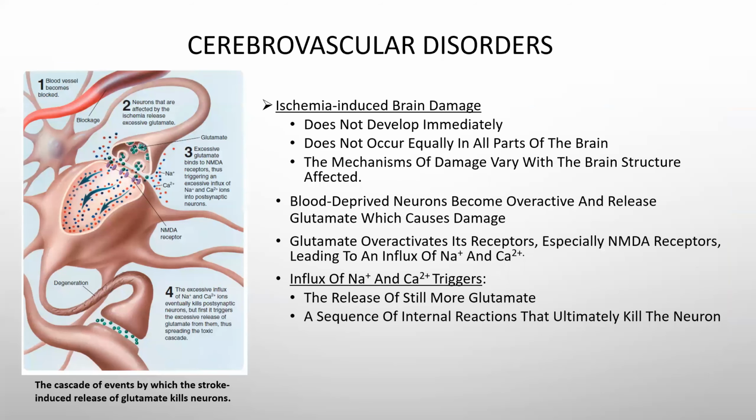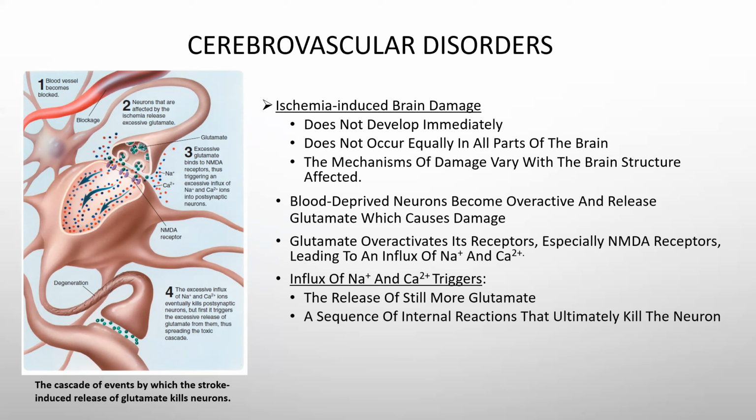Okay, a little bit more on the focus here of cerebrovascular disorders. Again, ischemia, right? Lack of blood supply to the brain. Does not develop immediately. It does not occur equally in all parts of the brain. And the mechanisms of damage vary with the brain structure affected.